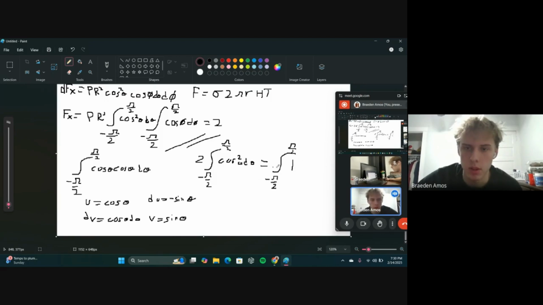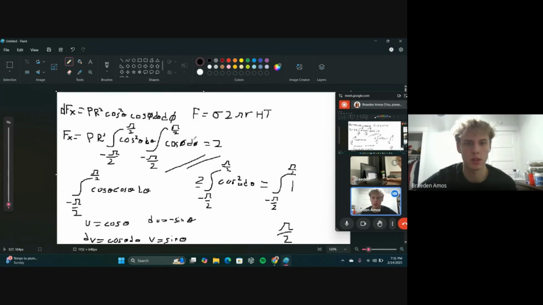If we evaluate this, we would get pi. So we get 2 of this integral equals pi. So we divide both sides by 2, and you get pi over 2. So this integral is equal to pi over 2.